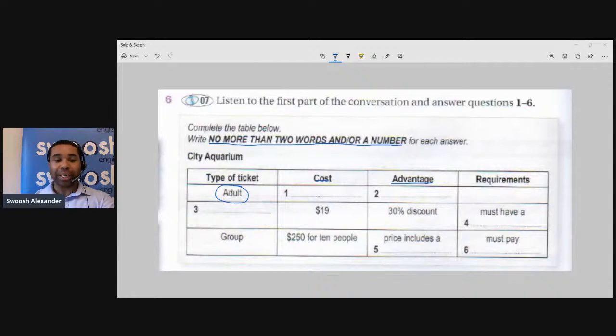As this was on the Facebook group, as from yesterday, if you have the answers already and you want to share them in the chat box, please do. And then, of course, you can get that feedback to see if your answers were correct. But as I say, I'm going to play the recording now so we can listen together in order to complete the task and check our answers.